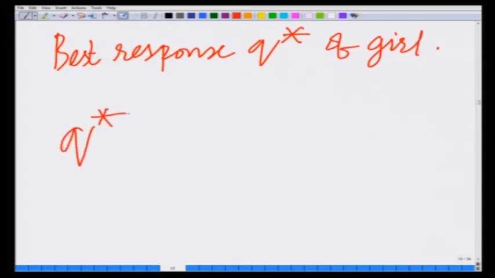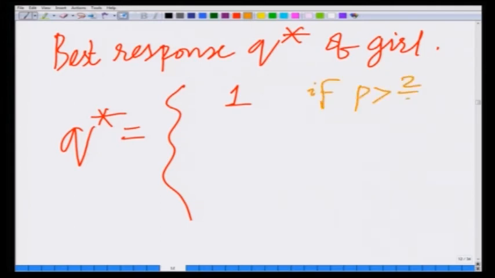Now, q star is equal to, as we said, if p is greater than 2 by 3, then q star is 1, that is, she always chooses to watch cricket. If p is less than 2 by 3, then q star is equal to 0, since she always chooses to watch the Harry Potter movie.